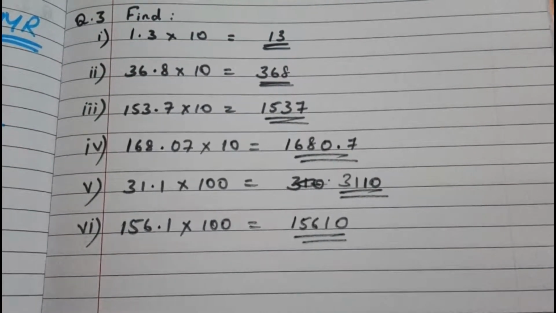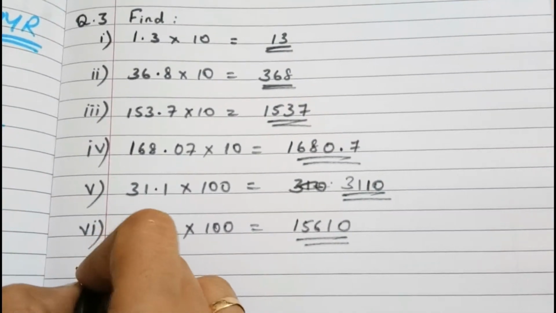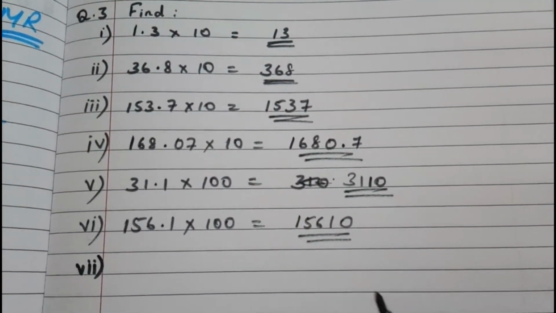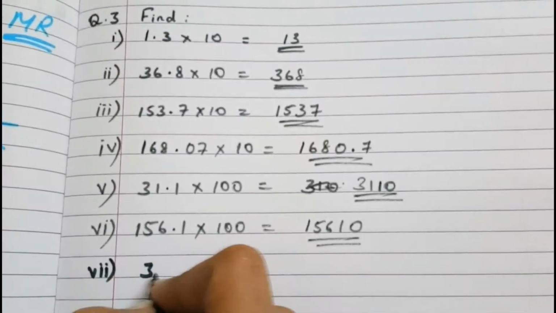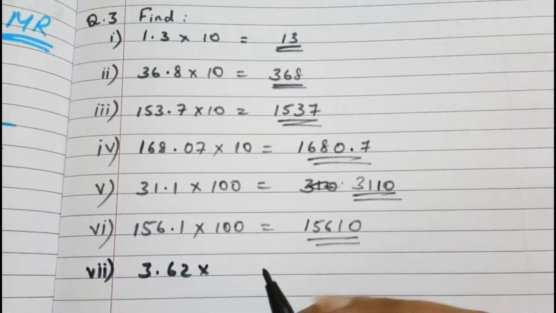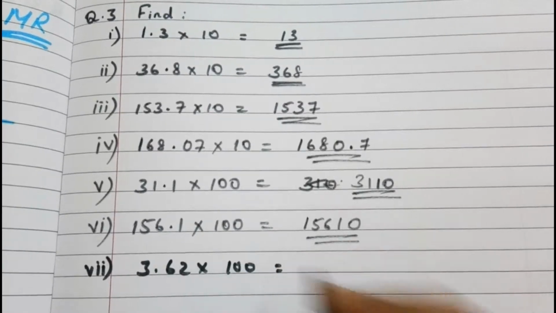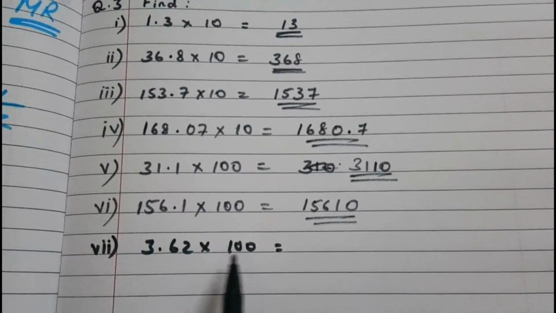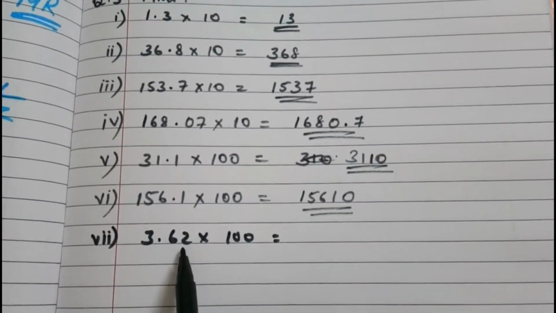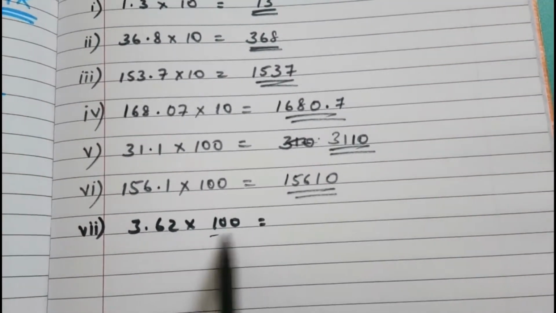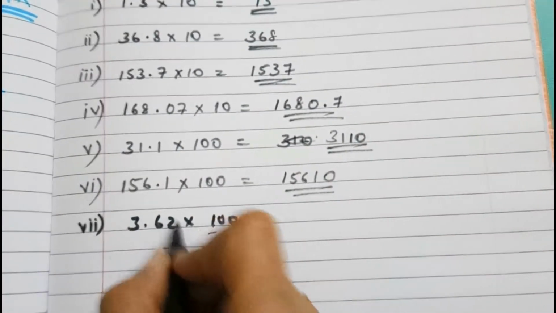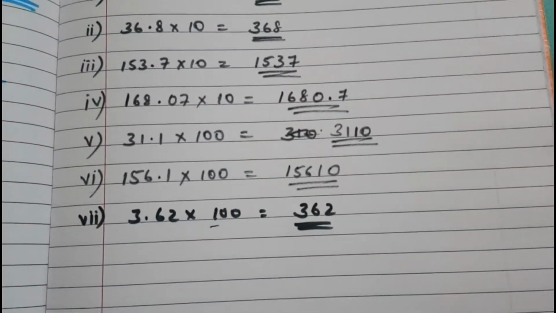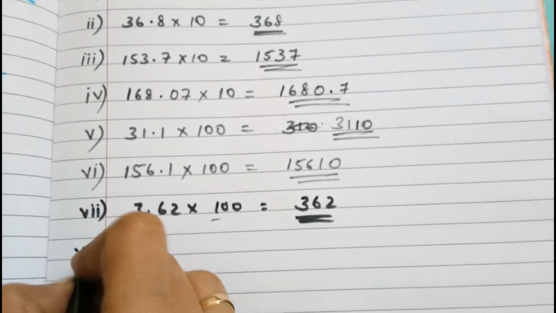Now again we will see the next sub question, question number 7. Here is 3.62 into 100. So here there are two numbers after the decimal point and there are two zeros also. So what will come? Both these numbers will come out. So 362 will be the answer. Clear, everyone?